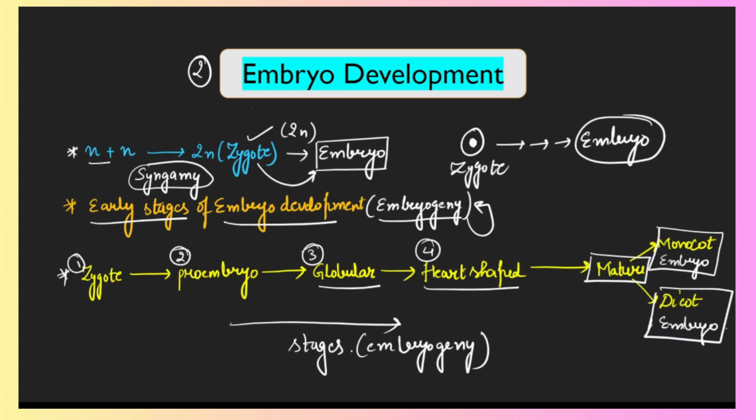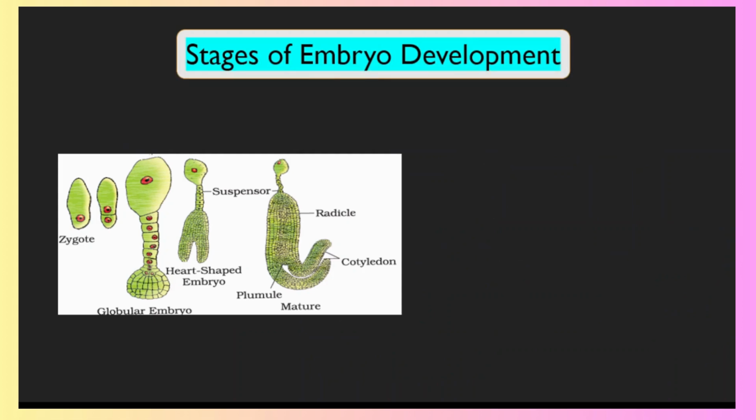Now if we see this picture, this is a very important diagram of the different stages of the embryo. First, we know there is the zygote. If you can see here, this is the zygote.